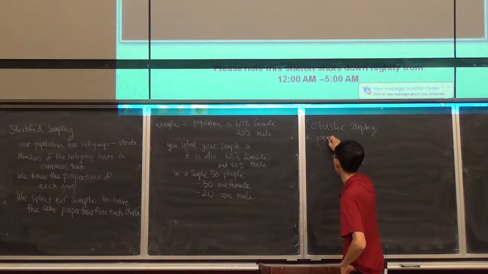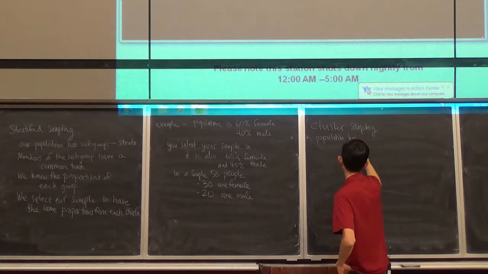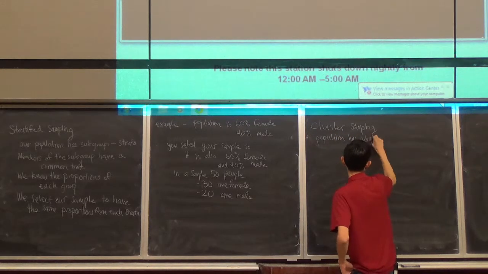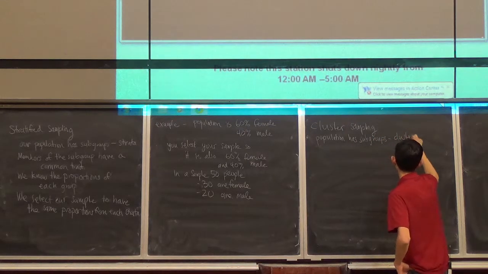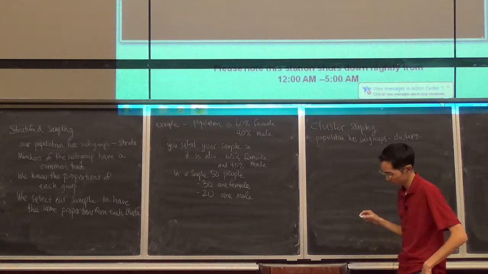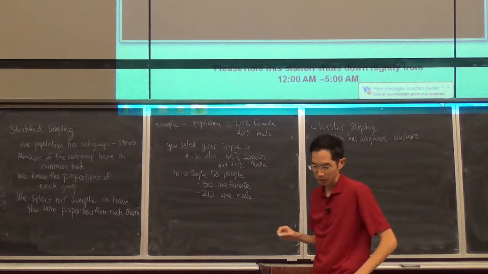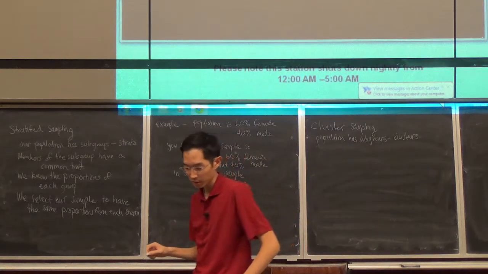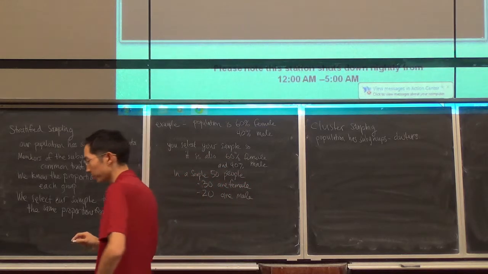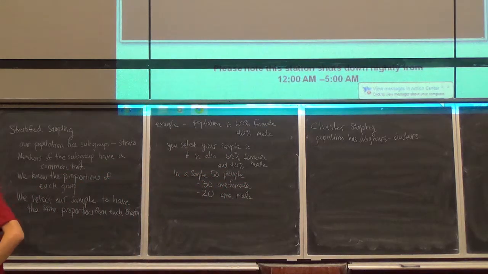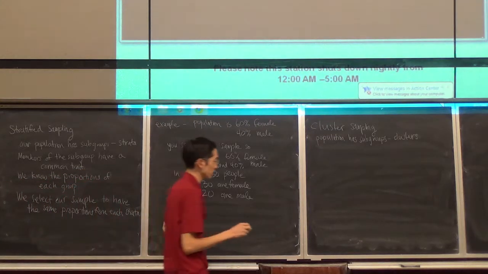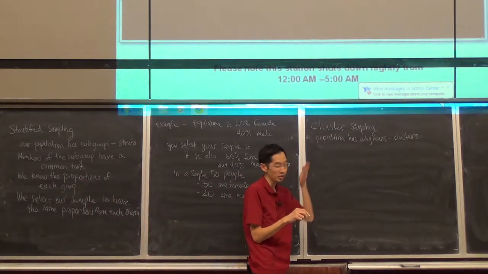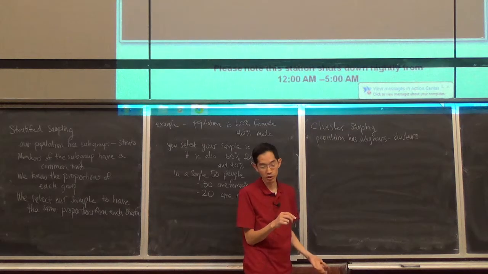The population has subgroups called clusters. You generally use cluster sampling if it's very difficult to get a list of the population. So in simple random sampling, we have a list of the population.